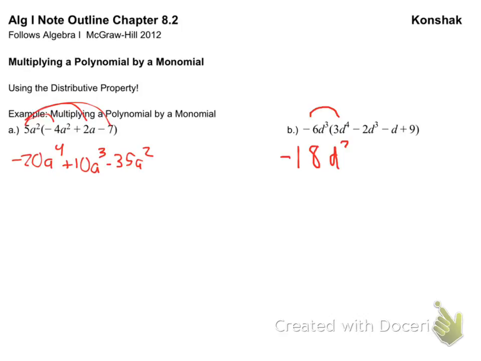Can I make it smaller? Then I did the next term. Then I did the third term. I'm running out of space.